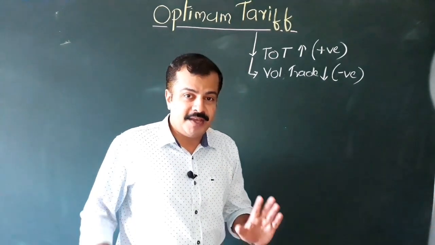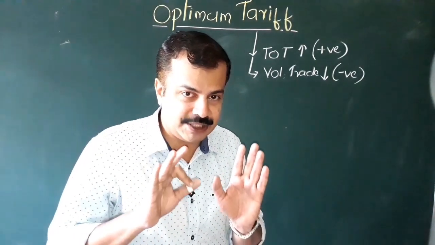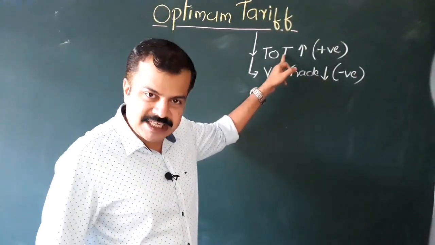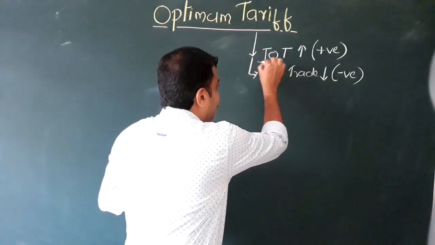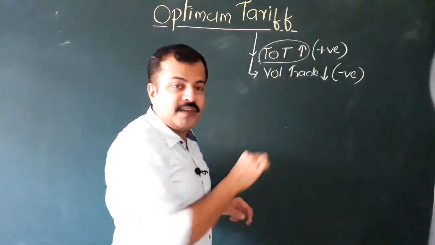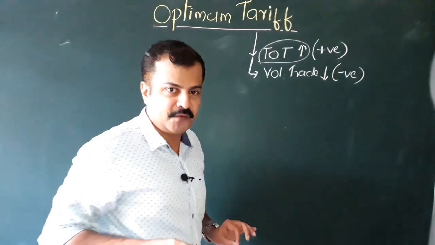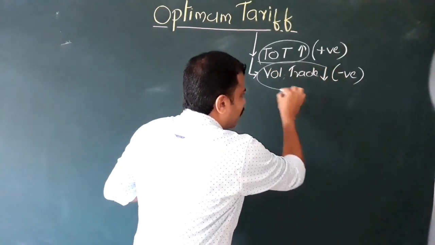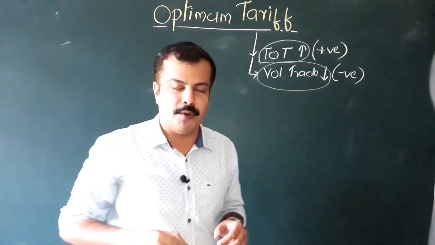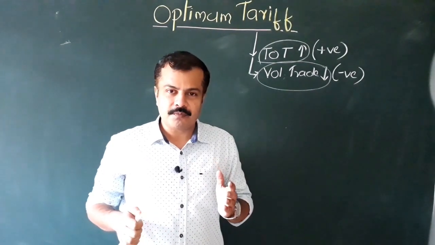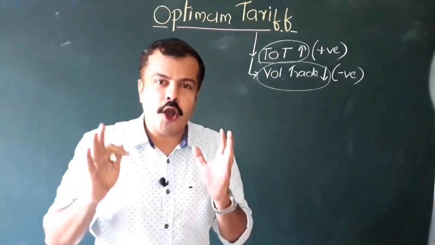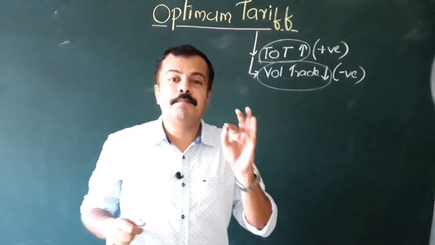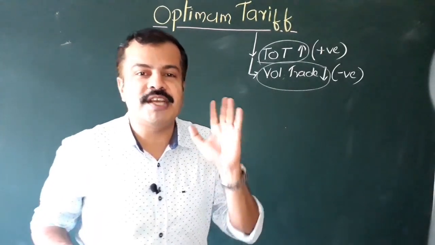Optimum tariff explores the rate of tariff that maximizes the net benefit of the improvement in the terms of trade and the negative effect of the reduction in the volume of trade. So, simply speaking, optimum tariff is the rate of tariff that maximizes the country's welfare.